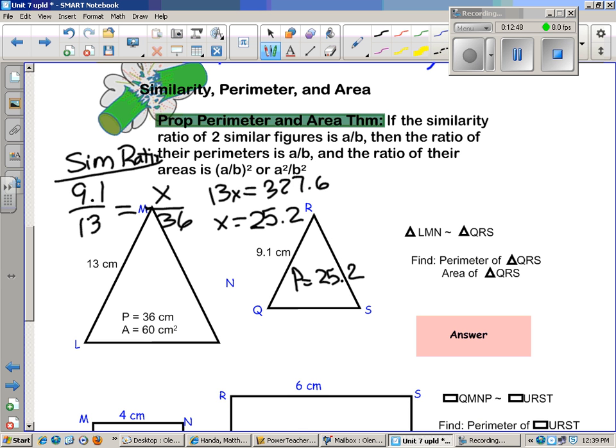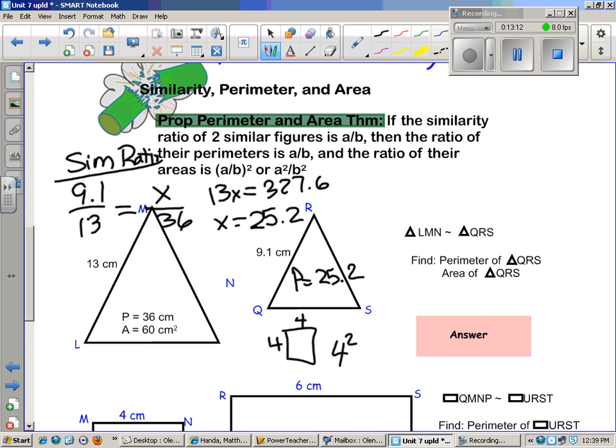Yeah? Okay. All right. Now, let's take the simplest figure, a square. Okay, now I'm not talking perimeter anymore, I'm talking area. How do I find the area of a square? Right, and in a square, instead of base times height, don't we just take one of the sides and square it?